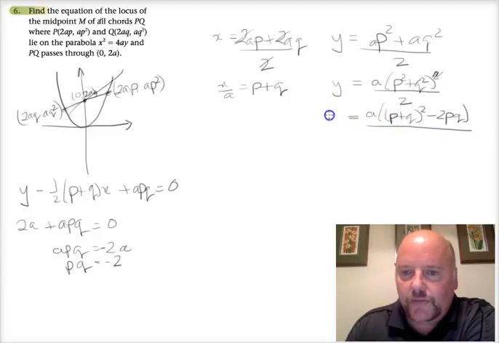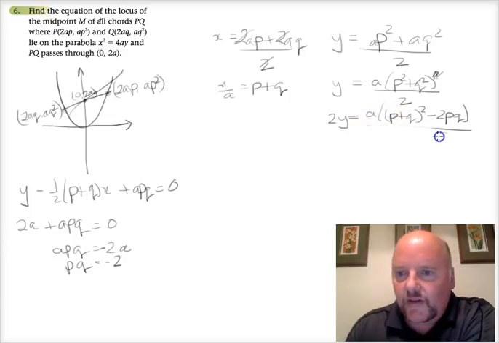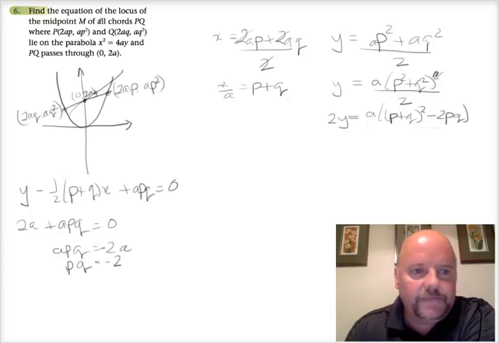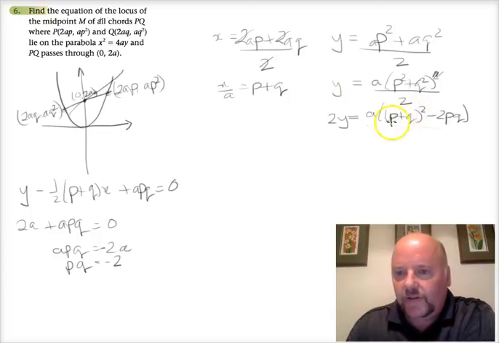Actually, I'll bring that 2 over here, so that one's not there. If you expand that, you get p squared plus q squared plus 2pq, but if I subtract 2pq, I'm just left with that part there.